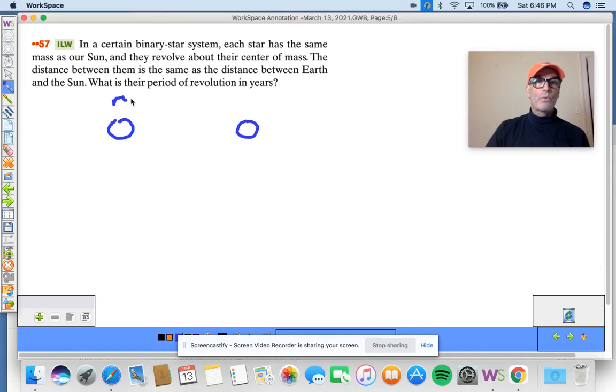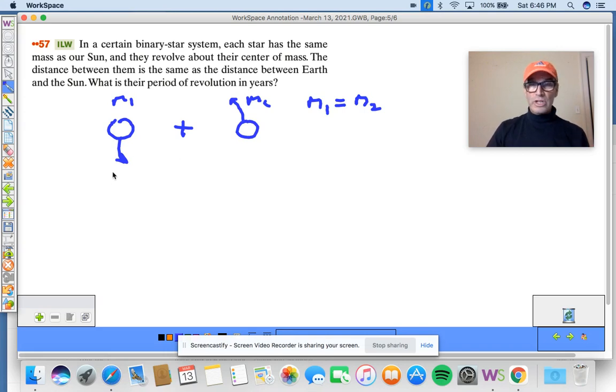So here's M1 and this is M2, and they're revolving. I'm just assuming this binary system revolves about their center of mass, and they're both the same mass. So M1 equals M2. All right, now pay attention. This is subtle.